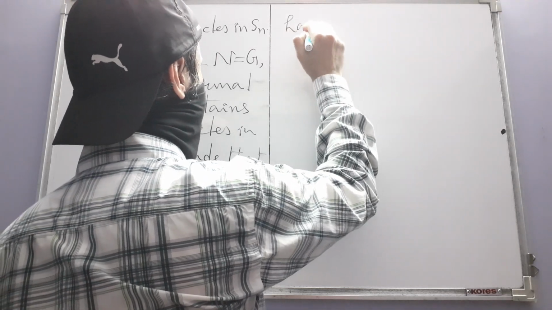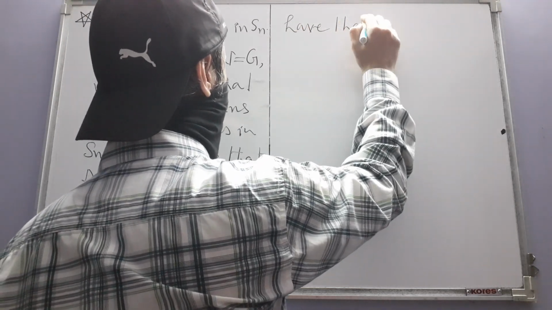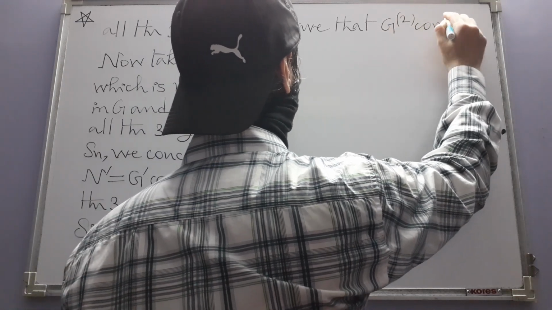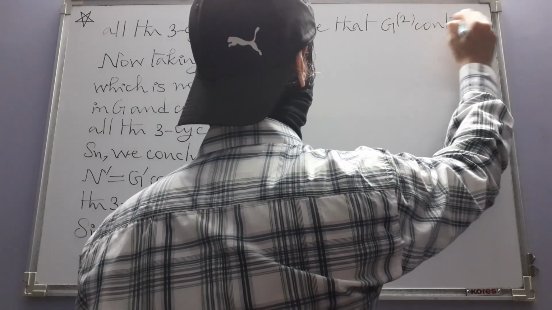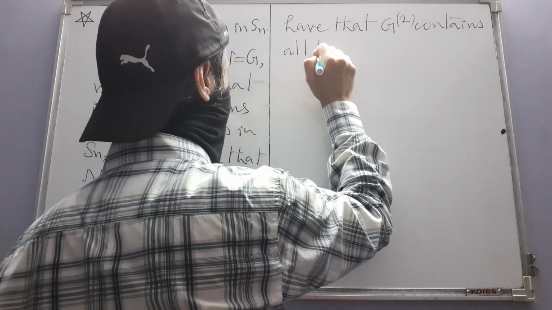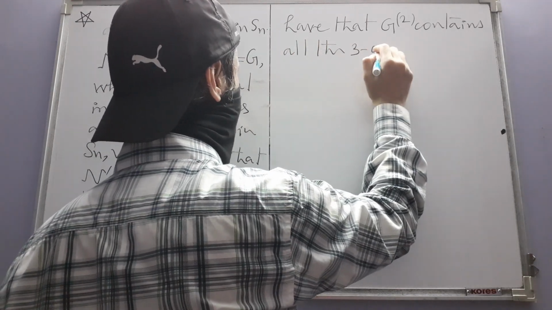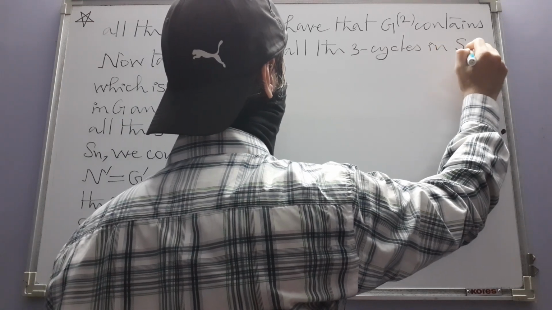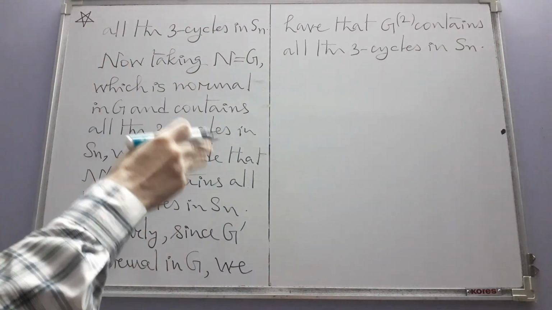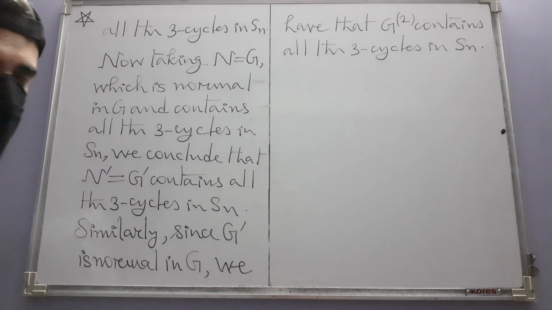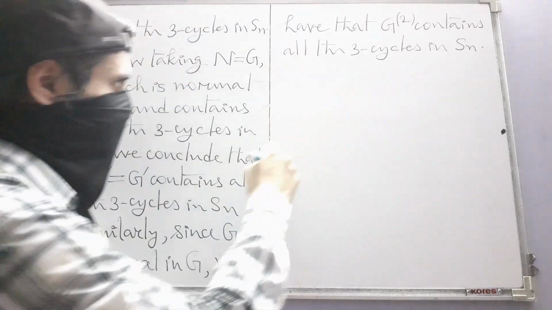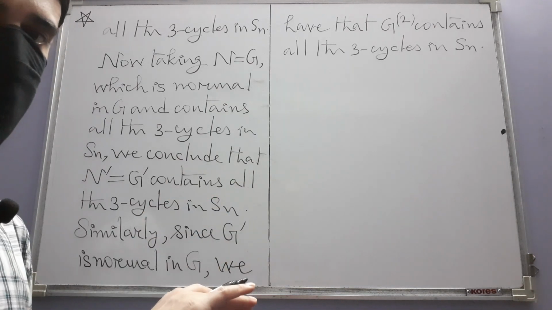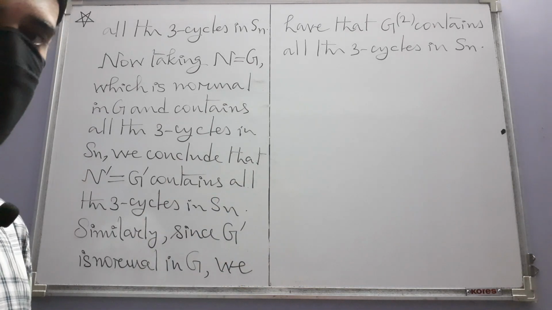We have that G2 contains all the 3 cycles in Sn. Now G2 is also normal in Sn, so you see the pattern. G2 is normal in Sn and now it contains all the 3 cycles. So its own commutator subgroup, which is G3, will also contain all the 3 cycles.